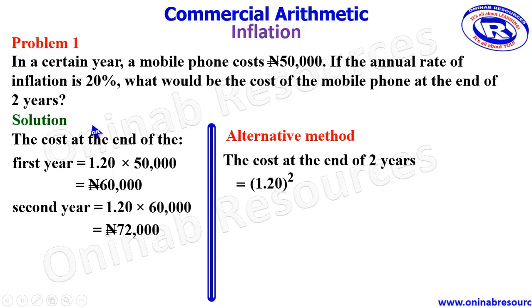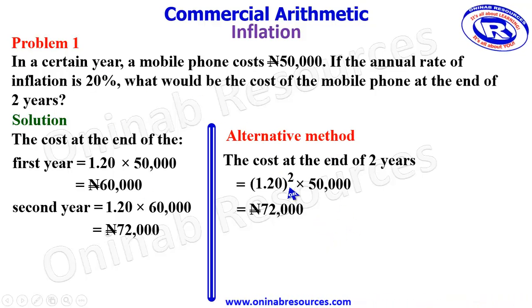Raised to power 2 in the sense that the rate of inflation is covering for 2 years, then multiply by the original cost of the phone. So at that point, we input this in our calculator. We're going to have it as 72,000 naira. And that's all for the two methods of solving this problem.